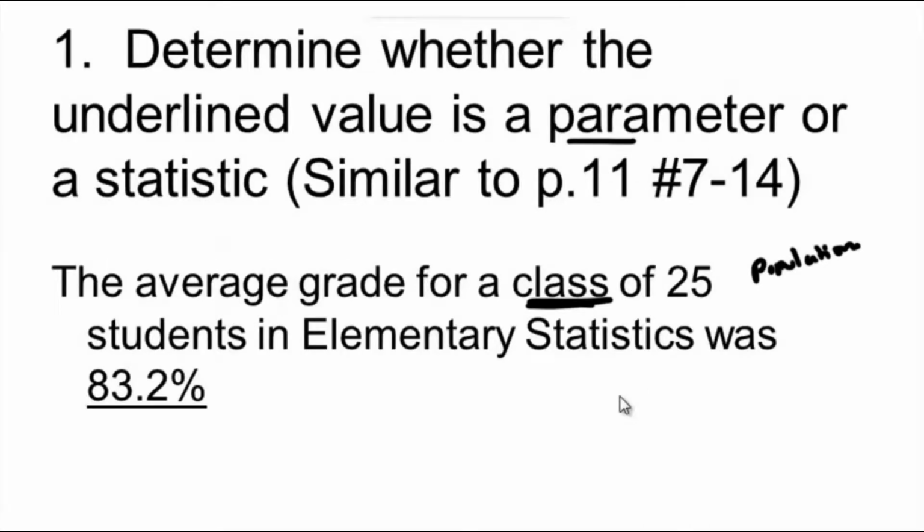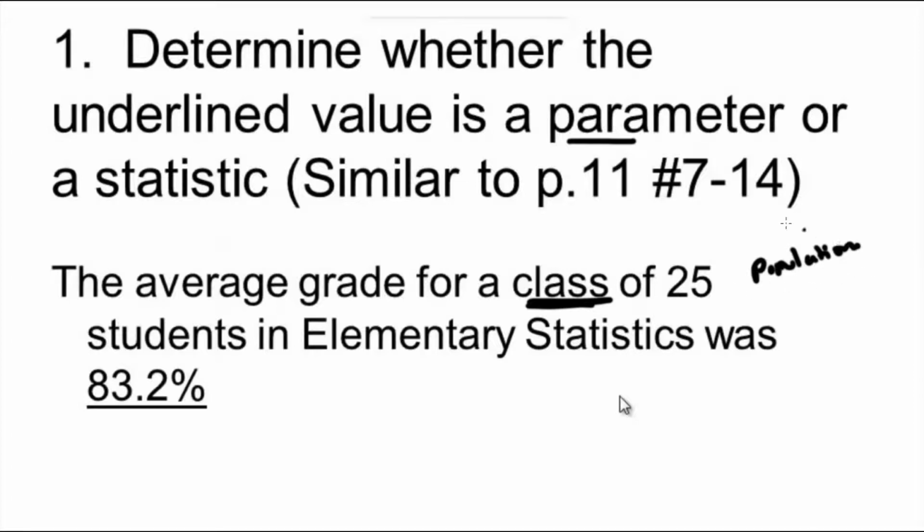Now let's look at the first question. Determine whether the underlined value is a parameter or a statistic. The average grade for the class of 25 students in elementary statistics was 83.2%. Here they are taking the class as a whole thing, so it's treated as a population.